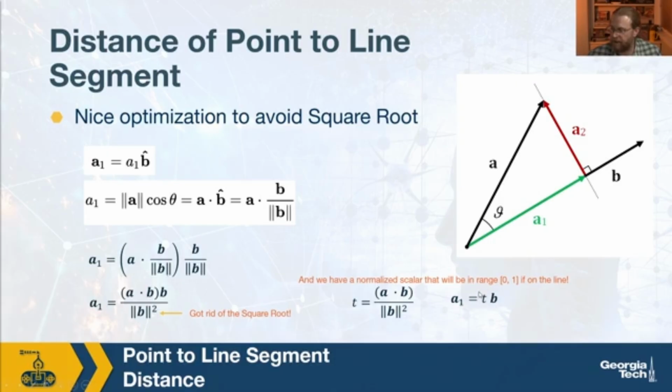So we don't have the unit vector b. And what you're going to end up getting from that is that t value will be 0 at the beginning point of vector b. If it's like 0.5, like 50%, it'll be halfway down the length. And if it's 1, it'd be at the very end of b.